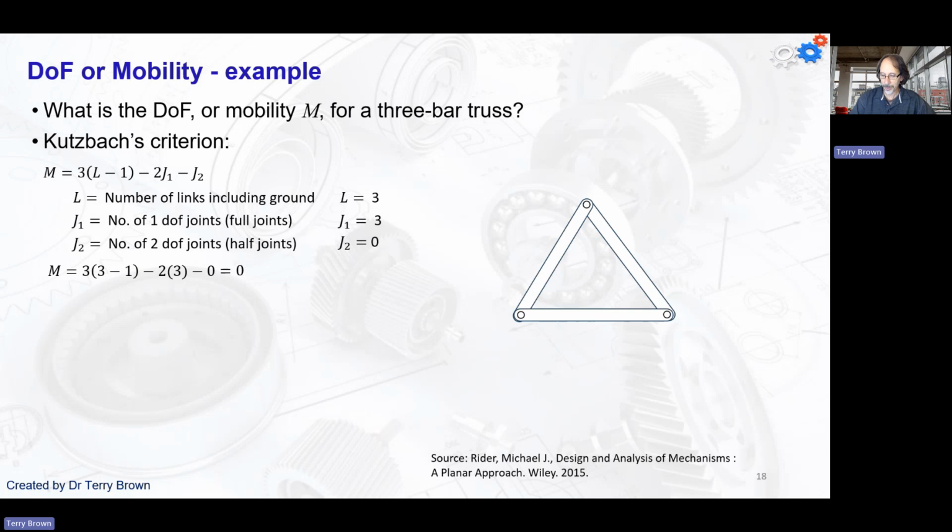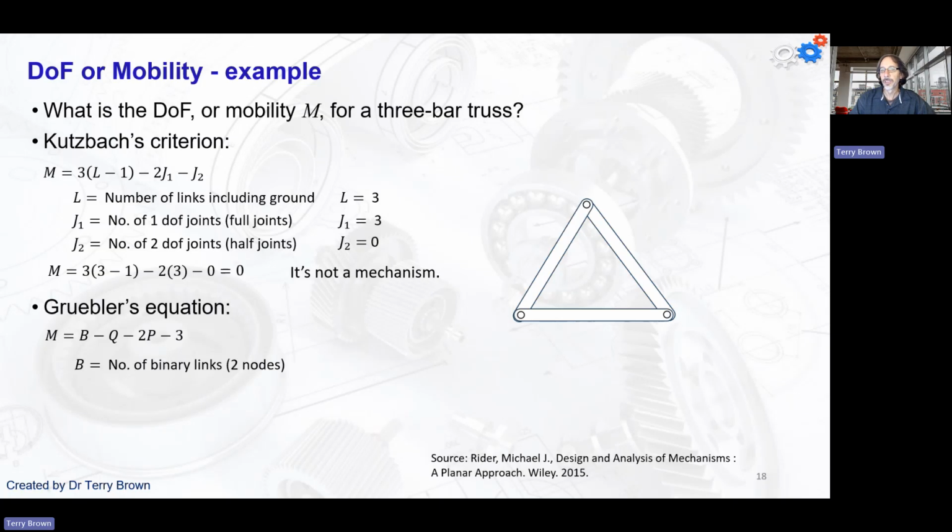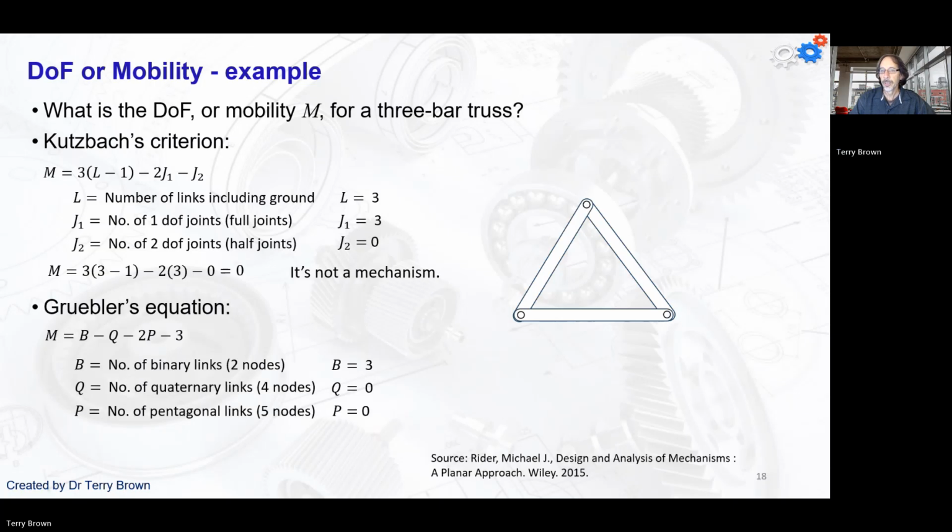If you're not sure what static determinacy and indeterminacy means, go back and look at your engineering mechanics that we did a couple of years ago. So it's not a mechanism, it's a structure, as we know. If we use Grubler's equation, we get 0 as well.